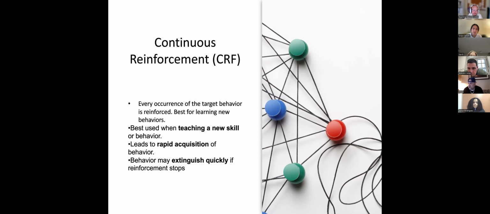And we have to consider that if we stop providing the reinforcement, this behavior may extinguish quickly. And that's what you tend to see for these fixed schedules: when reinforcement stops, the behavior extinguishes quickly or starts to become reduced over time. Does anyone have any questions about continuous reinforcement?